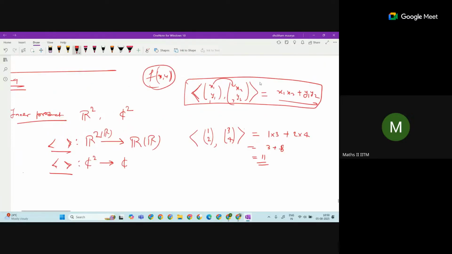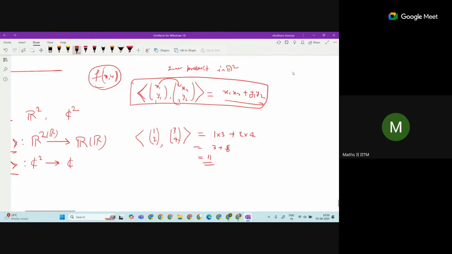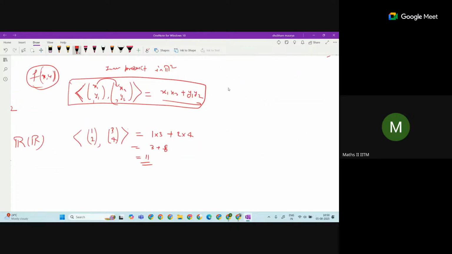Actually, I wrote this definition of inner product, but there are so many inner products in R2. I can define it with a different definition also. Whenever it is asked, the definition would be given. Let's say x1, y1 and x2, y2.